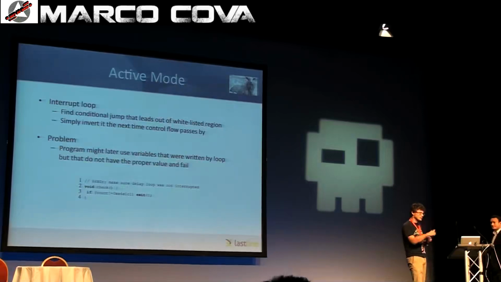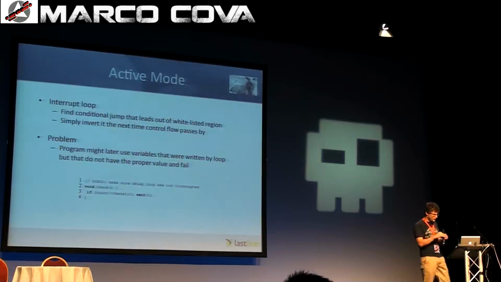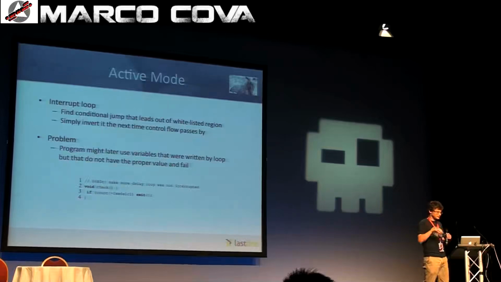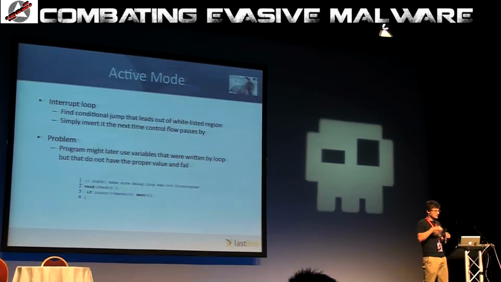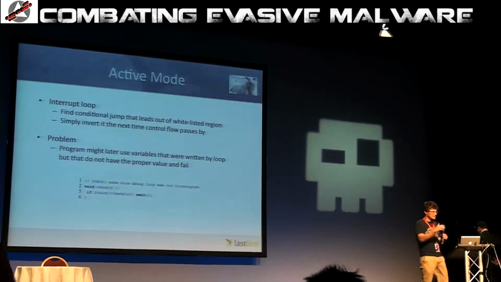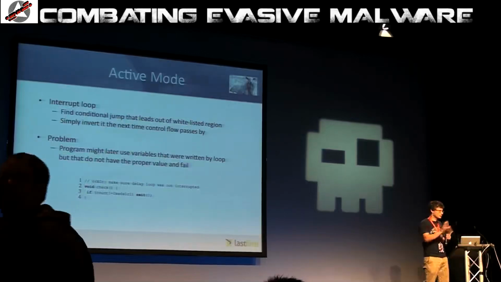We leave the loop, as I described before, but before executing further instructions, we check if, outside of the loop, there's any register whose value depends on values computed inside of the loop. If that's the case, we take this backward slice.